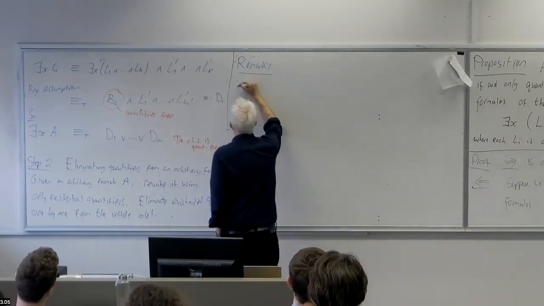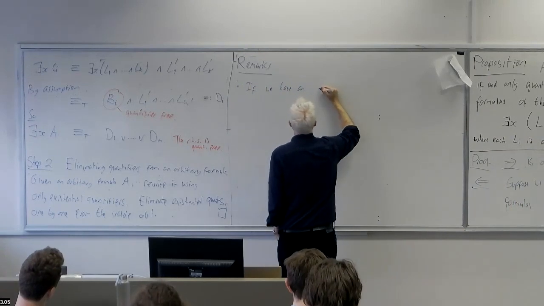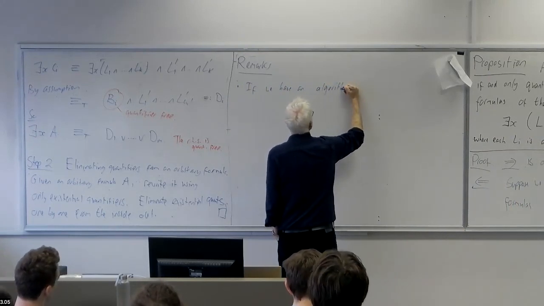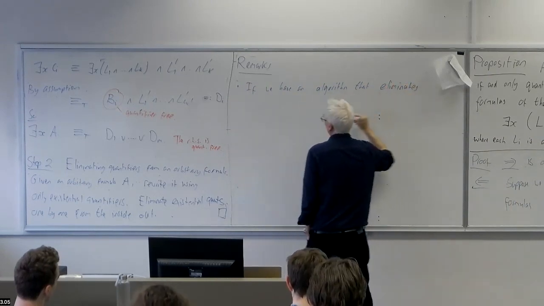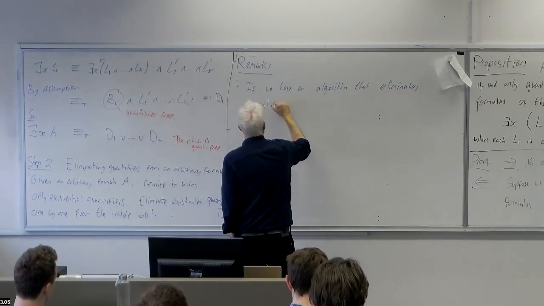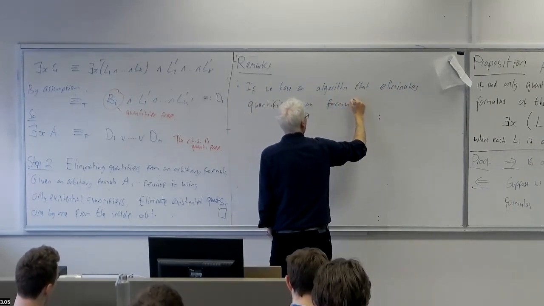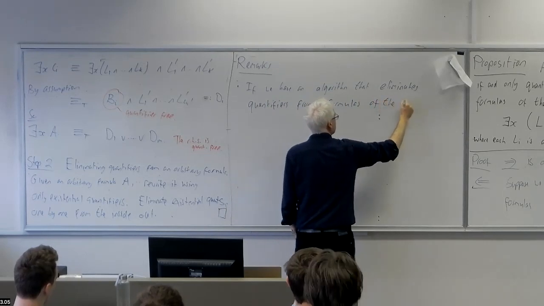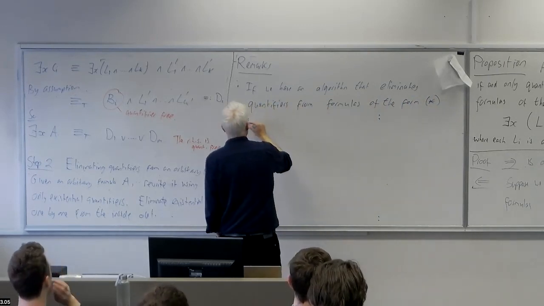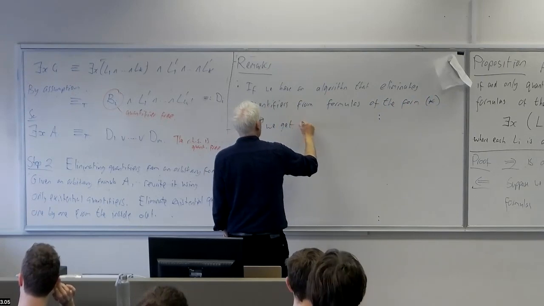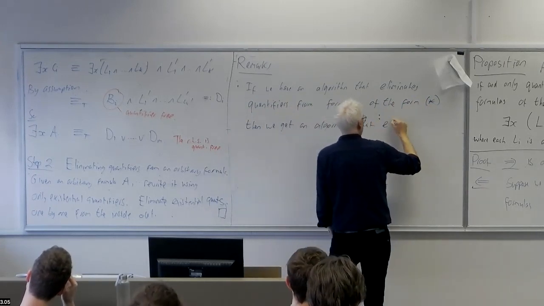So if we have an algorithm, a computer program if you like, that eliminates quantifiers from formulas of the form star, then we get an algorithm that eliminates quantifiers from arbitrary formulas.